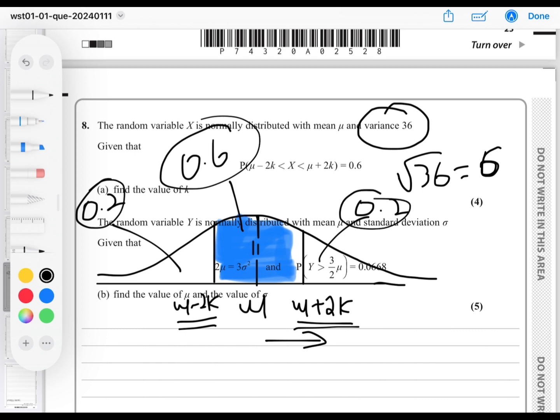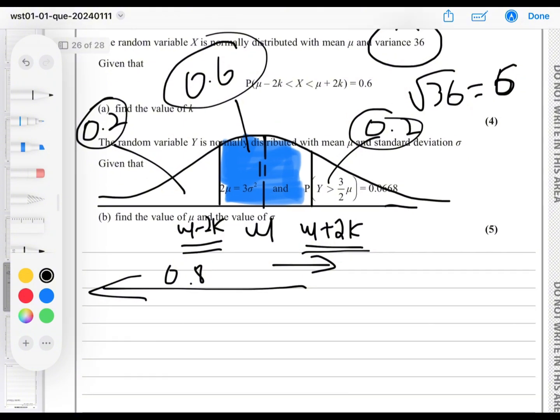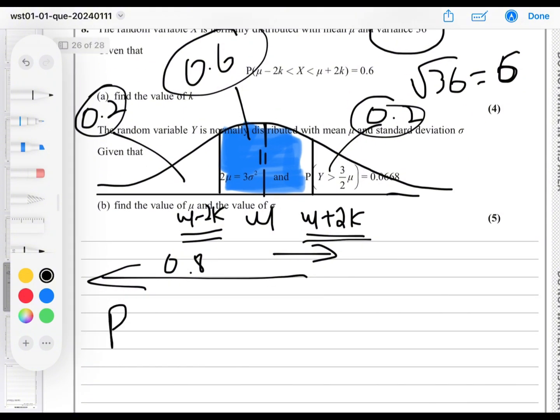Okay, so now, if I go on this side, as the z-score table suggests, we can find the values on the left side and the positive values. So if I go on this side, the total area, the total probability on this side is 0.8, which means I can write it like this: probability of X, this is the population, being less than mu plus 2k.